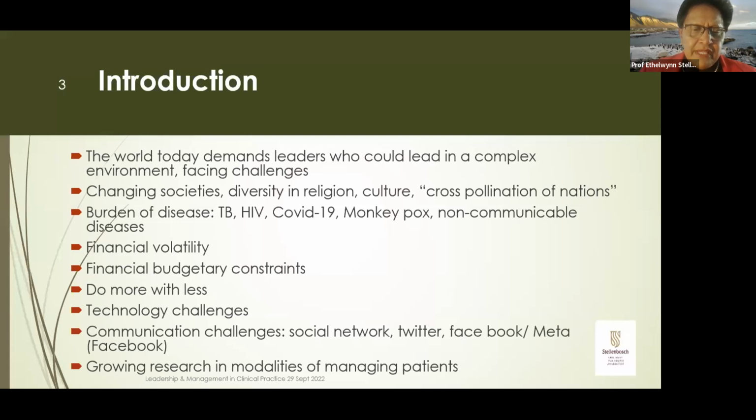And you can see what's happening in England at the moment with their pound that's so very strong against all currencies. But it's fluctuating all the time, so one just doesn't know where you are. You have a budget, but sometimes your budget is completely depleted by this rand that loses its value all the time. Then the financial budgetary constraints.